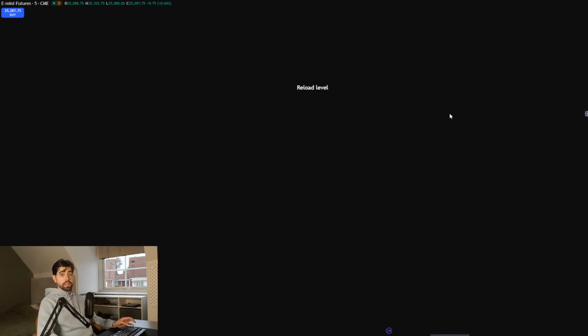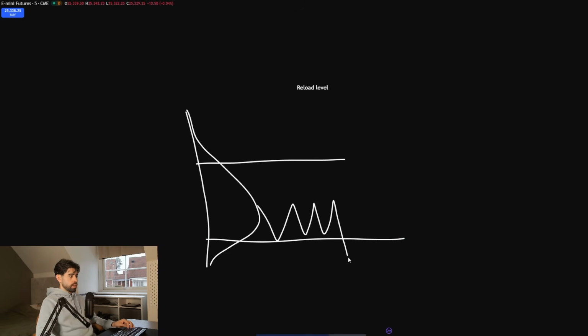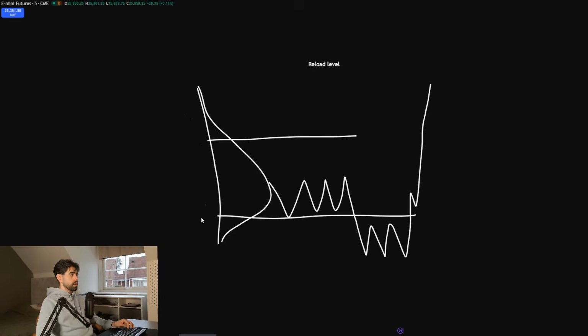Okay, next thing, reload level. Here is a profile. Say that we worked our way down, we came up, and now we're here. Essentially, a reload level is this. You see this sell aggression that's going here. In other words, sellers were trying to push here. They showed a lot of interest, but they got no results. And we are up here now, okay?